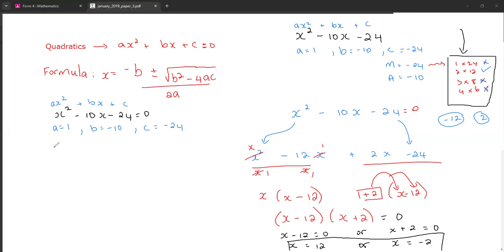And you're basically going to substitute it into your formula. So where you have B, remember you have negative B. So it's negative of the value of B. Be careful with your signs because it's negative of B and B is negative 10.